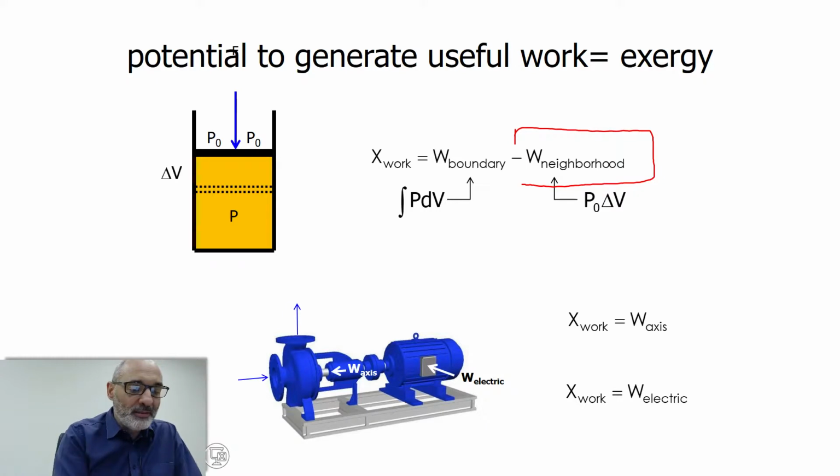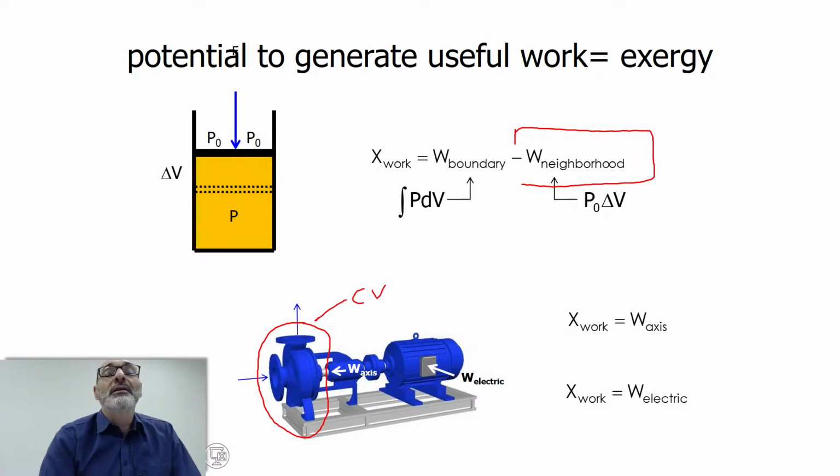In our open system, let's assume that it's this centrifugal pump here, okay? My control volume is this red surface here. We have mass entering here, mass going out here, and I have mechanical work being injected through this axis here.